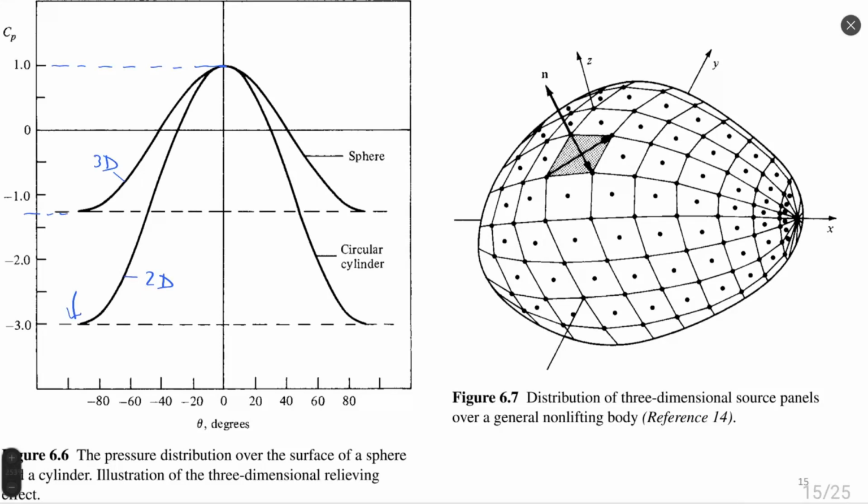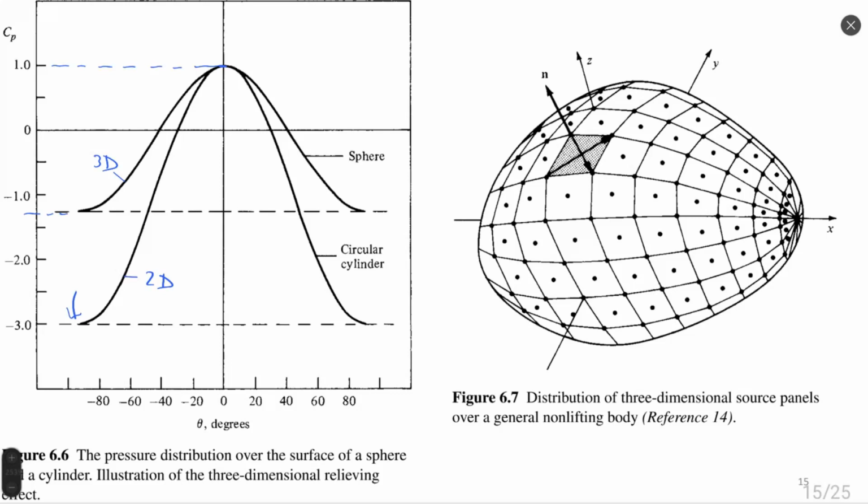Okay, figure 7 shows us an approach to calculate any arbitrary 3-dimensional body using the source panel method. It is similar to the panel method which we discussed for airfoil and 2-dimensional body. Here, in this approach, we divide any arbitrary body into a number of panels.